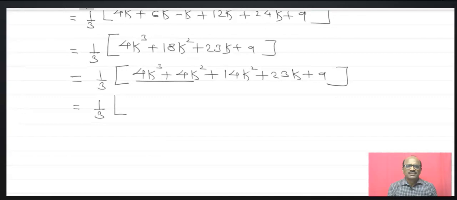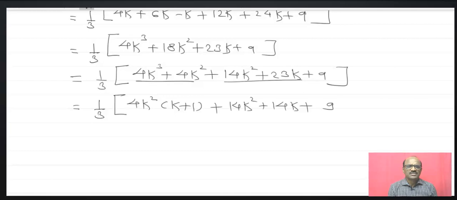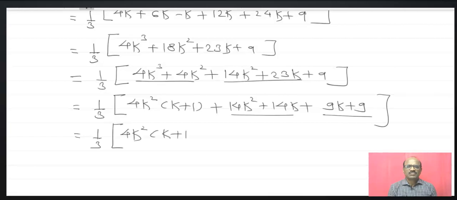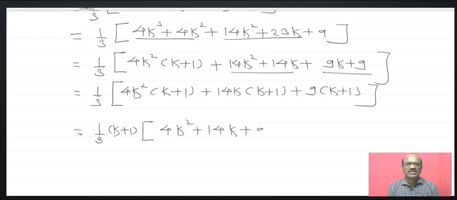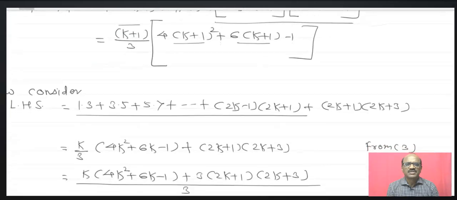Take the common: 4k square (k plus 1). Now from these two, again 14k square plus 14k plus 9k plus 9. 1 by 3 [4k square (k plus 1) plus 14k (k plus 1) plus 9 (k plus 1)]. Take the (k plus 1) as common: 1 by 3 (k plus 1), then in bracket you will get 4k square plus 14k plus 9. Bracket complete.